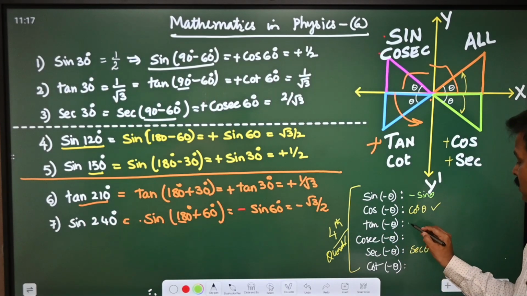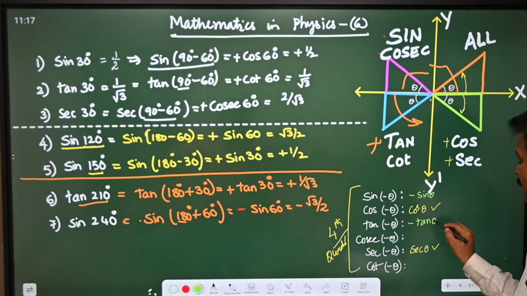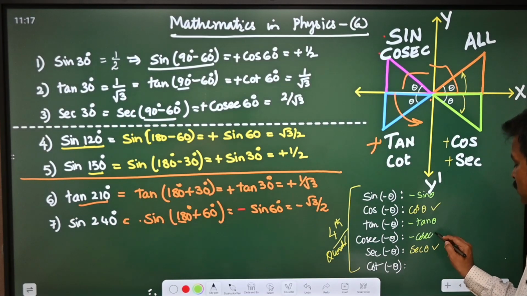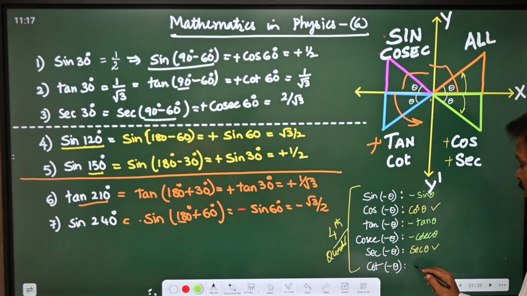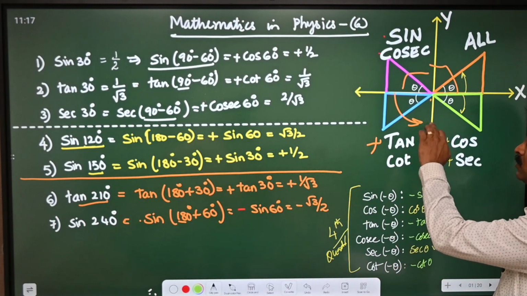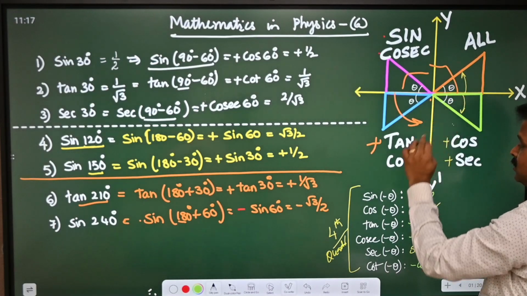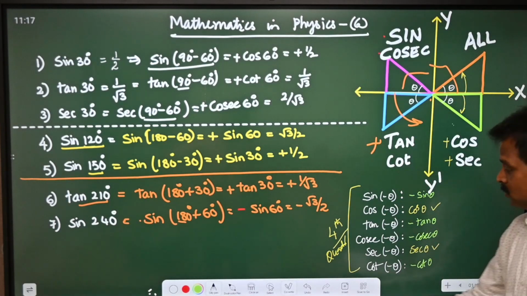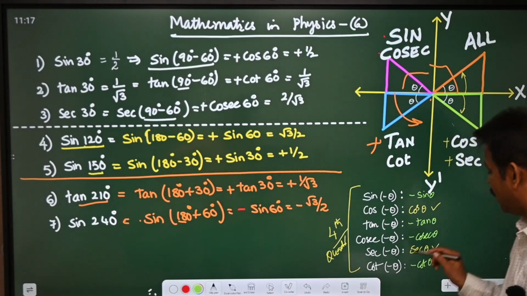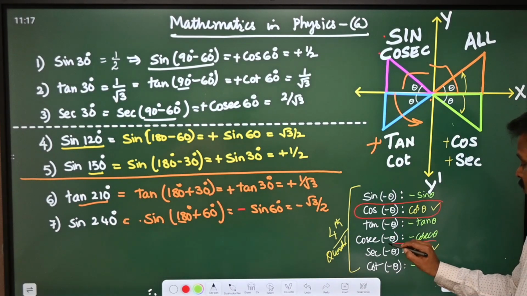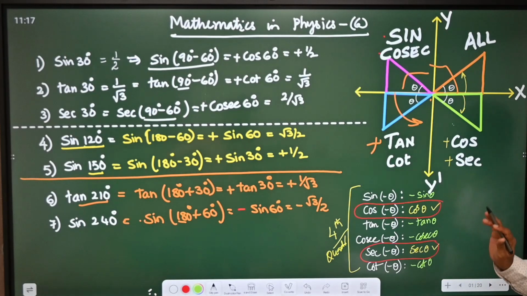Tan of minus theta will become minus tan theta. Cosecant of minus theta is minus cosecant theta. Cot of minus theta is minus cot theta, because sine theta means first quadrant, and sine of minus theta is fourth quadrant. In the fourth quadrant, we have a very good idea that only cos and secant are positive.